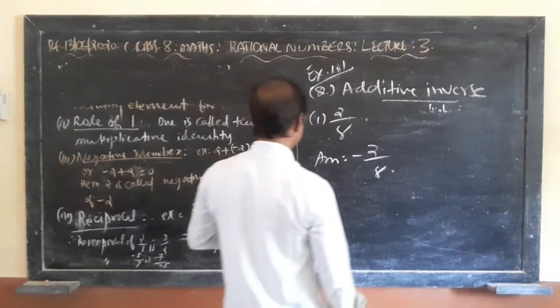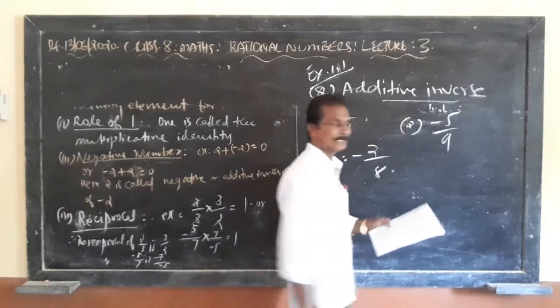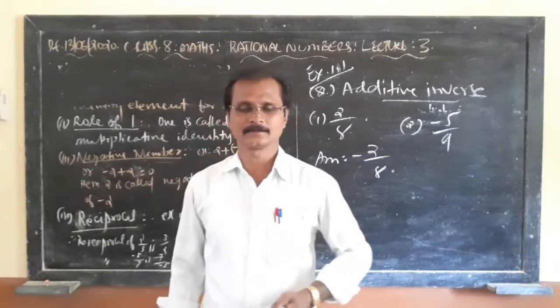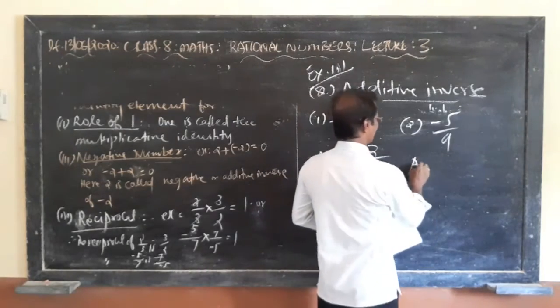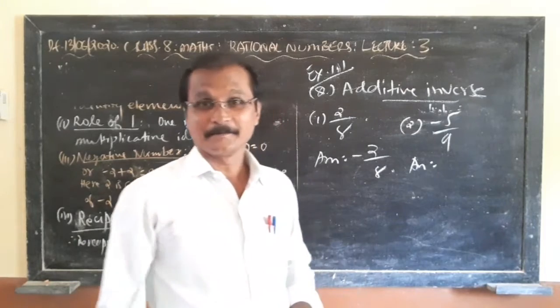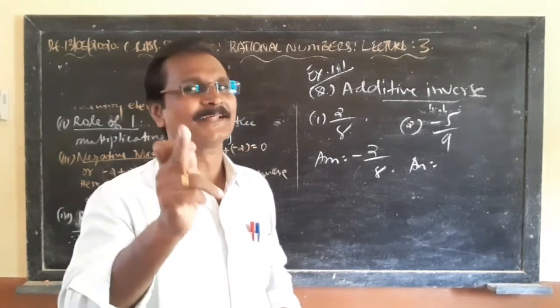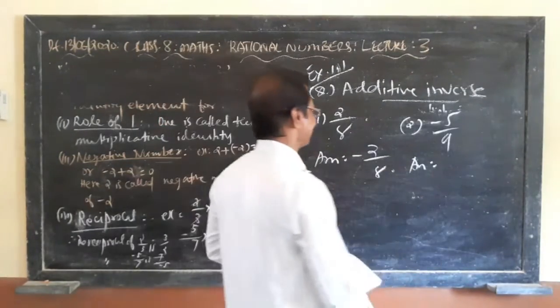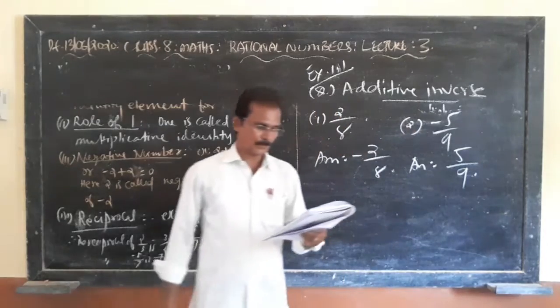Now the second one, minus 5 upon 9. Tell me, what is the answer? The additive inverse is plus 5 upon 9, change the sign.